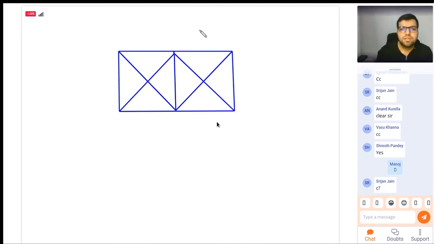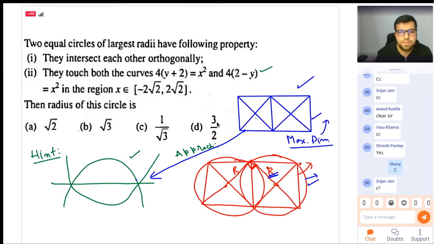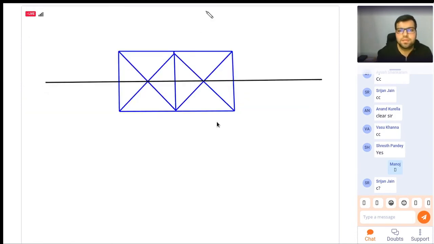So see, this will be the x-axis and then I will also draw the coordinate axis.